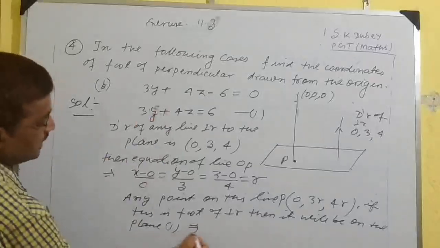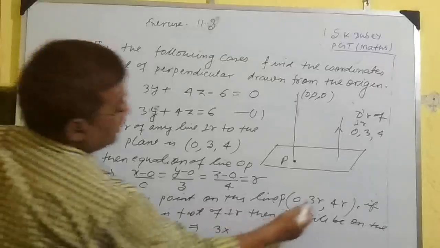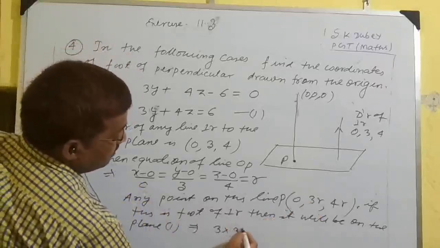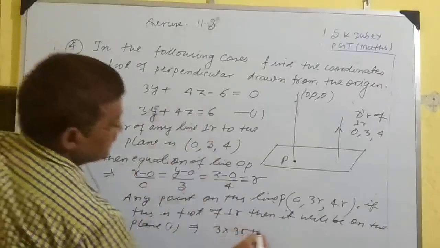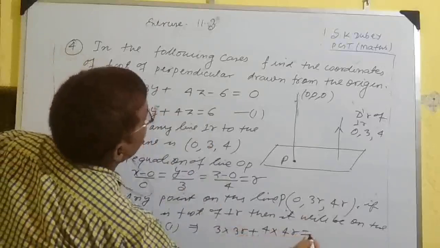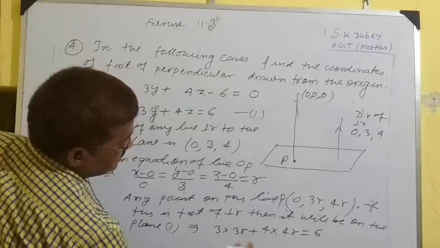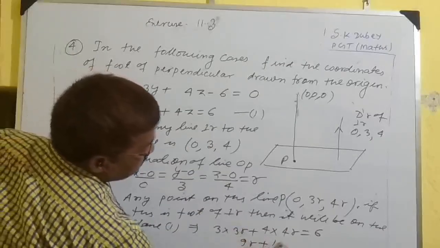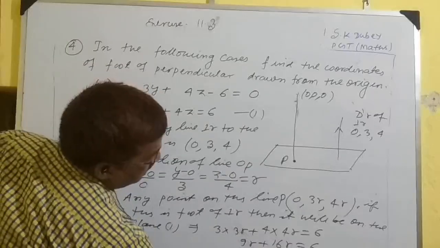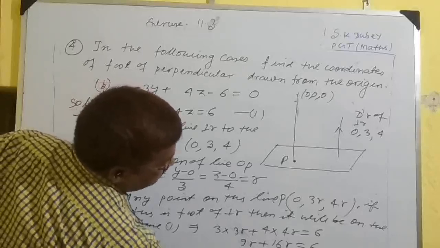This implies 3 into y coordinate 3r plus 4 into z coordinate 4r is equal to 6. This is 9r plus 16r is equal to 6. 25r is equal to 6. Therefore r is equal to 6 by 25.